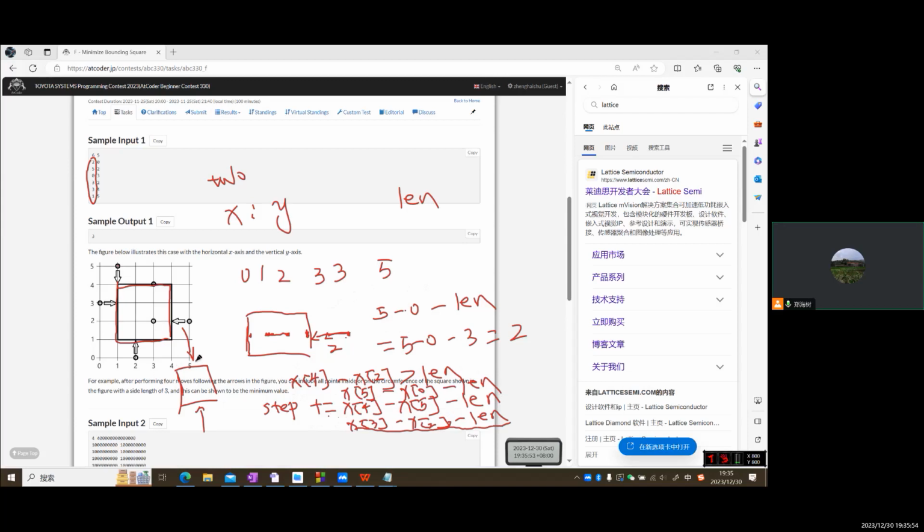Okay, so that's the vertical coordinate. After we calculate all the steps we need to move in the horizontal and vertical directions, we judge the steps. If the steps are smaller than k, the length is okay, and if the steps are greater than k, the length is not okay.